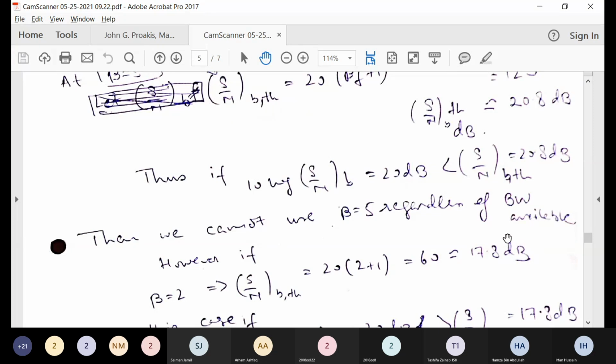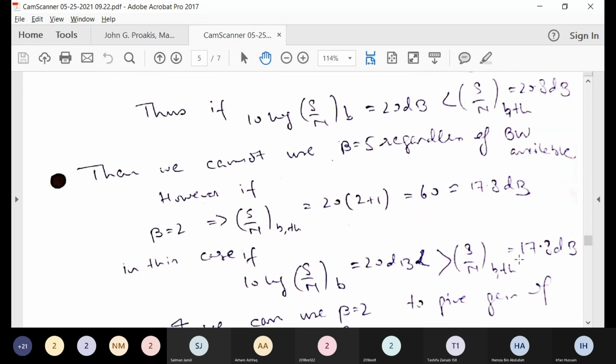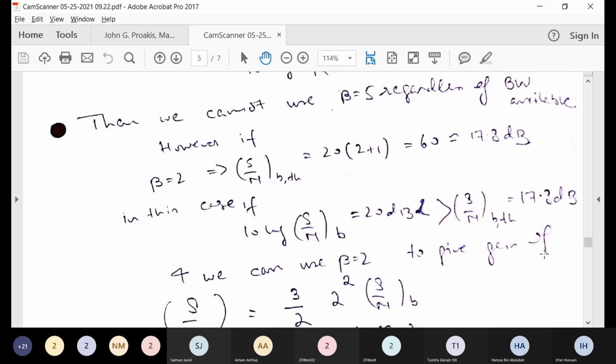Now 20 dB is greater than the 17.8 dB threshold, and hence you will get the additive relationship, and now you will get a gain. You can see that the input signal to noise ratio, which is 20 dB, is greater than the threshold for beta equal to 2. So now you can use beta equal to 2, because the required value is less than the value that you are getting at the input.